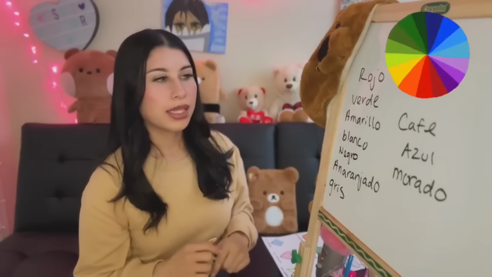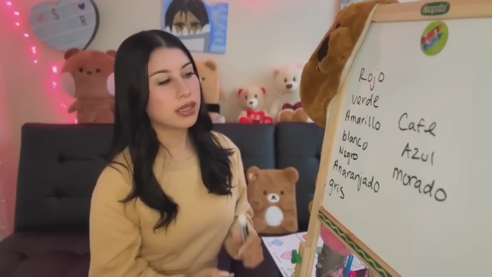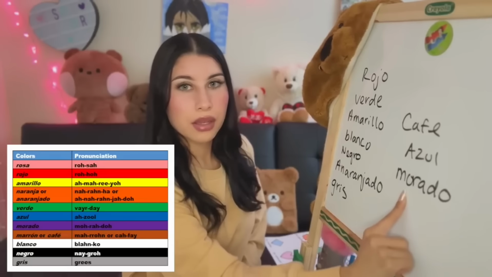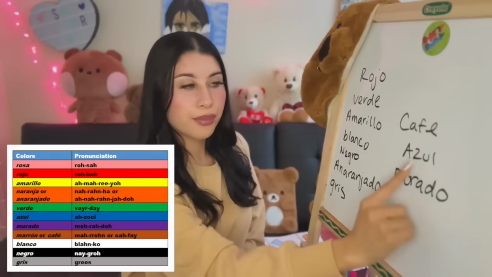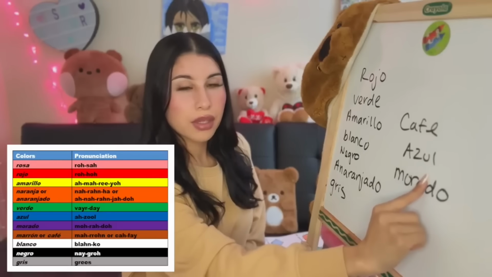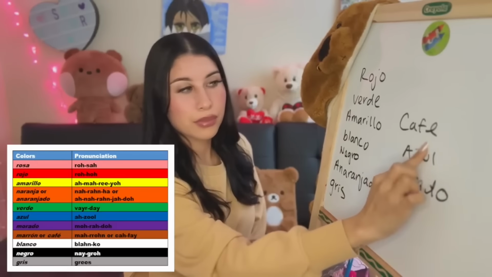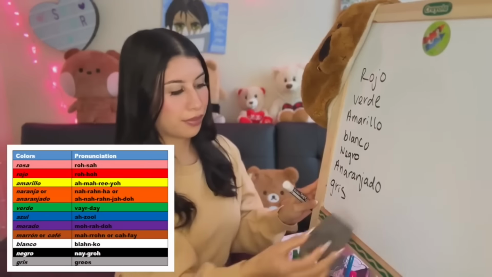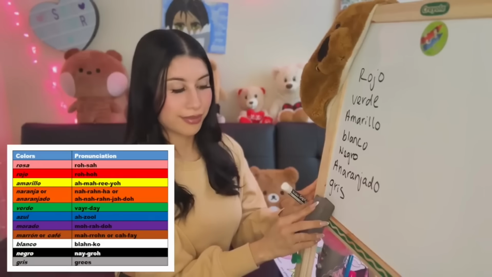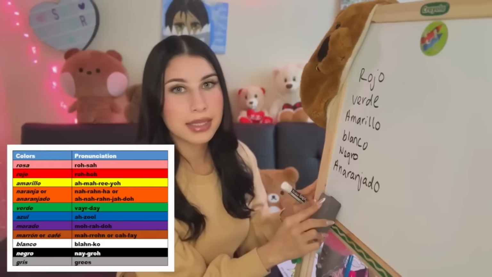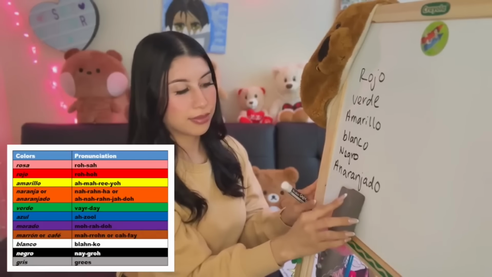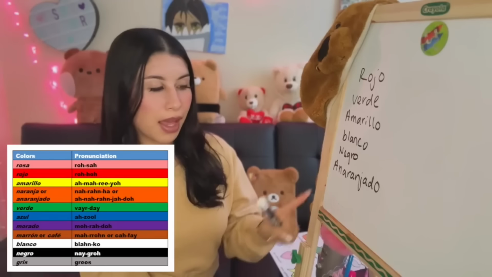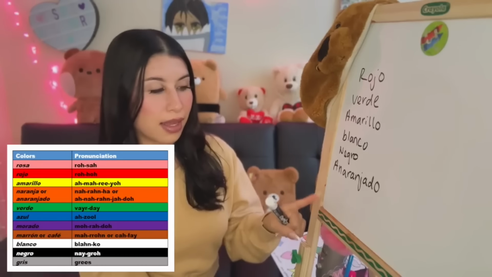All right. Now I want to hear your pronunciation of each of these, so I'm going to point and you read it out to me, okay? Morado, azul, café. Okay. Gris, gris. This one's long, yeah. Separate. Anaranjado.